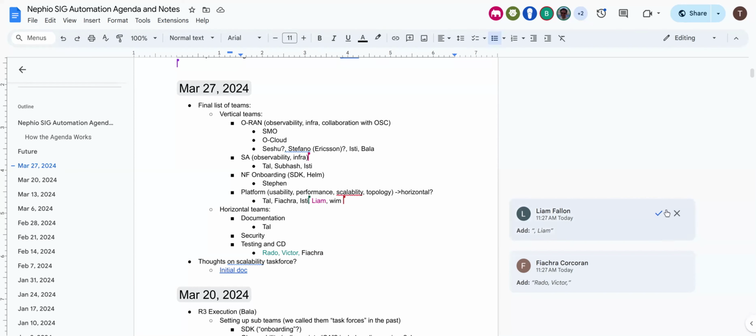I was under the impression NF2 Infra is always part of the platform. When we suggested these names, I was thinking NF2 Infra also, and I always assumed or believed that it is part of the platform. So that means the NF2 Infra team is part of the platform team.